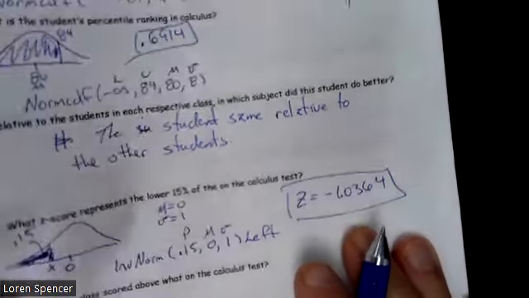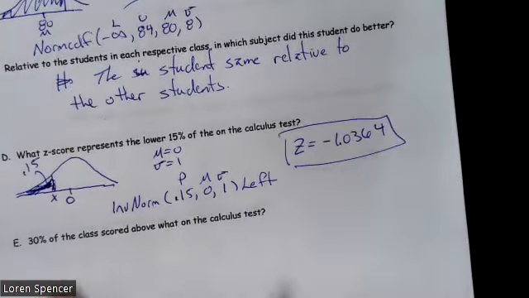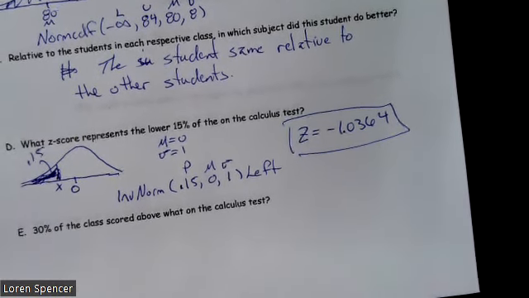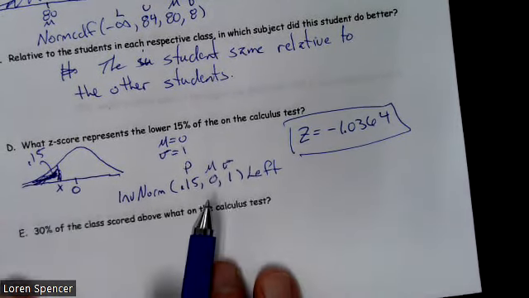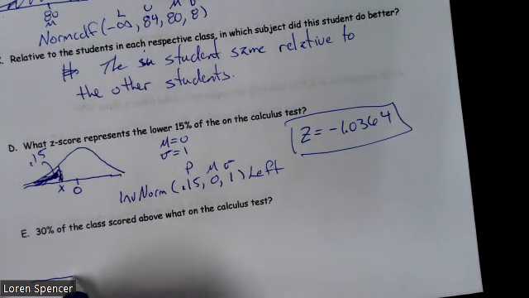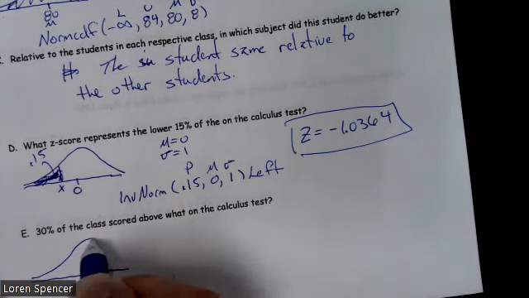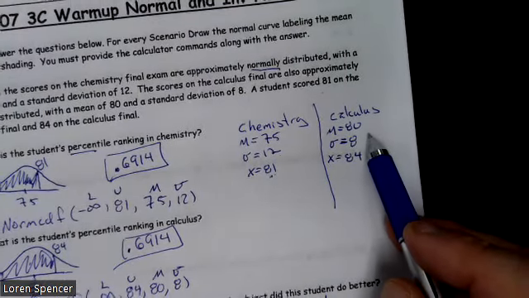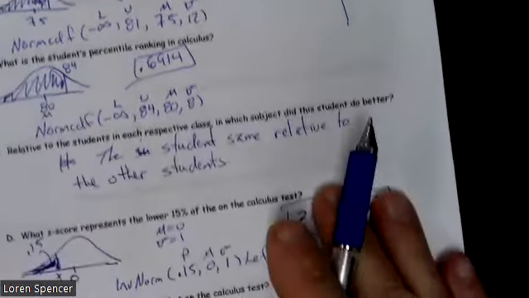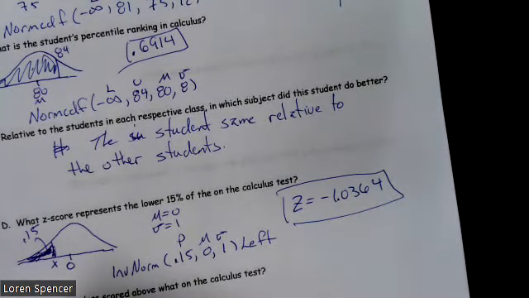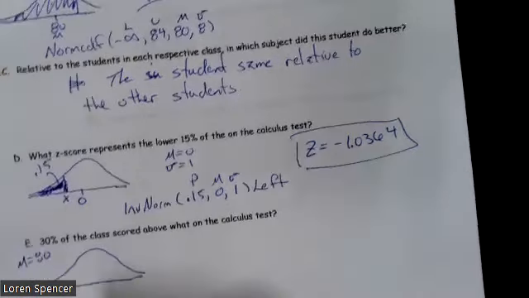The next one, 30% of the students scored above what on the calculus test? All right, so we need the calculus test information first off. Well, we know it was normal. And if we look back above, we find that the mean was 80 and the standard deviation was 8. So let's write that down. Mean is 80.